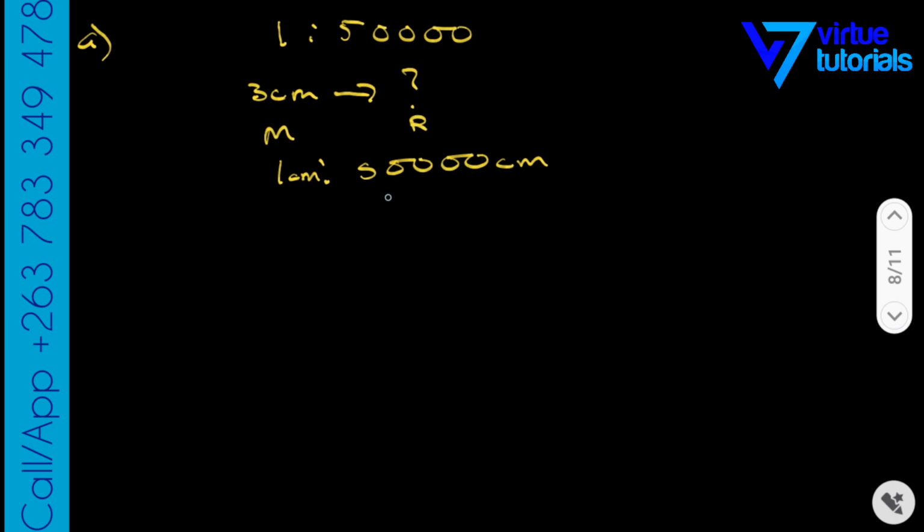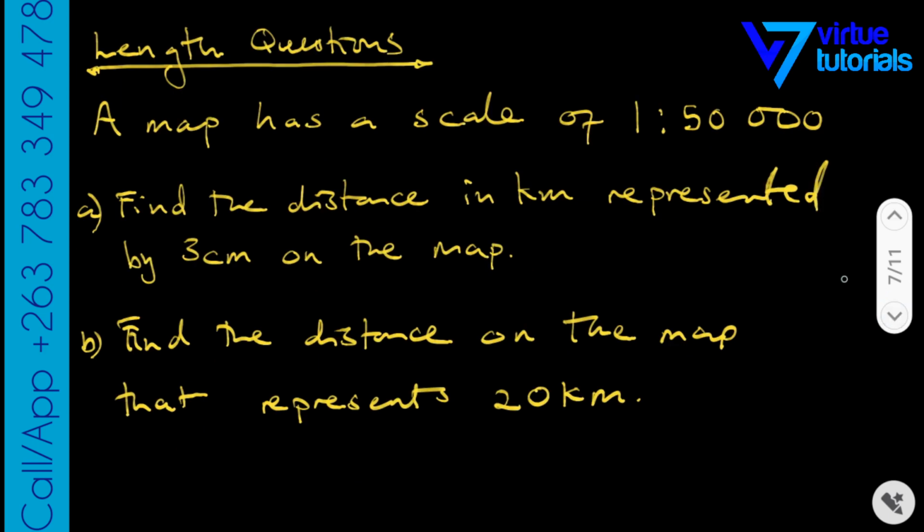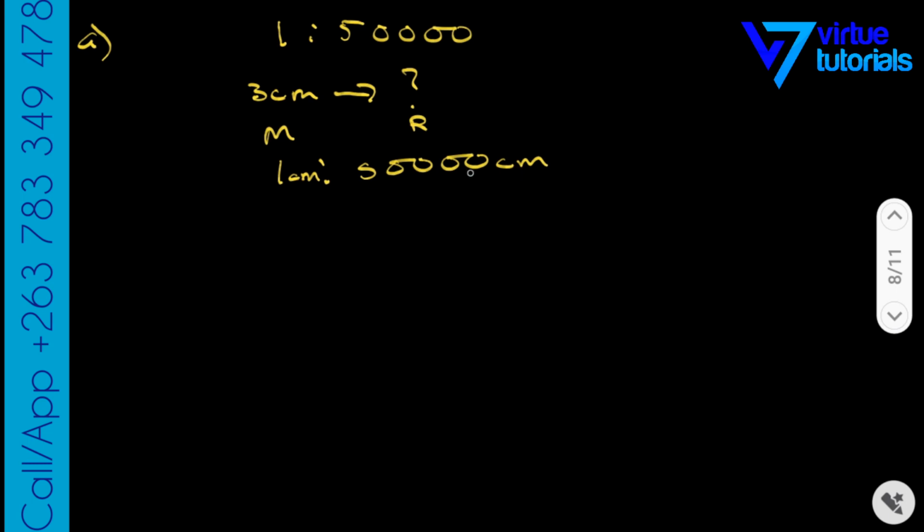We know that 1 kilometer is 100,000 centimeters, and we want the distance in kilometers. So we can change this side, only this side, to kilometers by dividing by 100,000 up front, or we can wait until we finish the calculation and divide by 100,000 at the end.